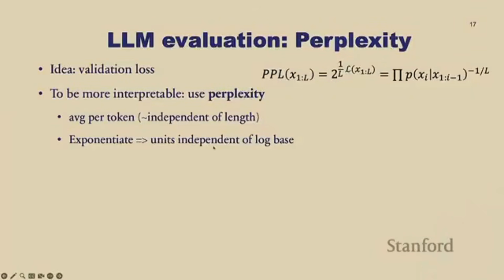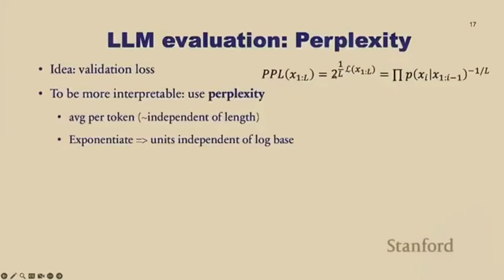The reason is that the loss has a log inside, and first, humans are pretty bad at thinking in log space, and second, logs depend on the base. When you exponentiate, you have everything in units of vocabulary size. And the average per token is so that perplexity is independent of the length of your sequence.